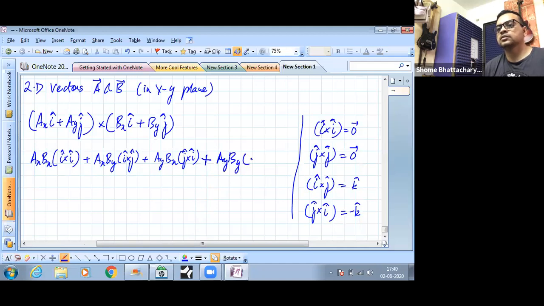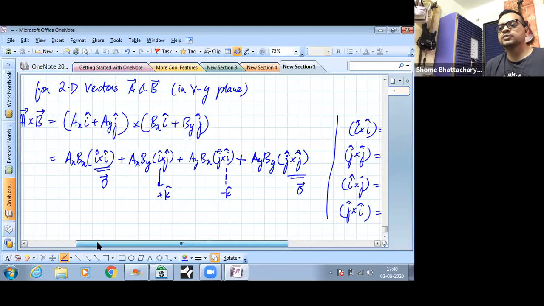This is going with j cross j. Now this term is 0 and this term is 0. Whereas this term here is positive of k cap, and this term here is negative of k cap.